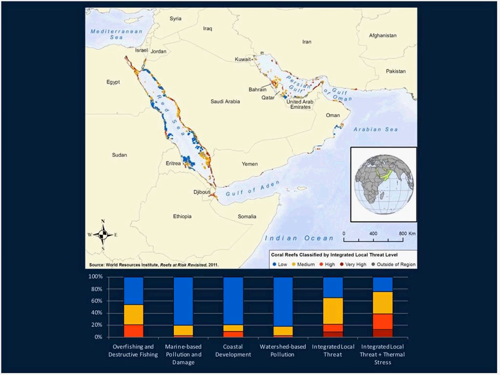A lot linked, obviously, to oil and gas. The Red Sea is still coming out looking relatively healthy, and in fact, these are some of the last large tracts of continental fringing reefs that are coming out at low threat anywhere in the world outside of Australia. Shipping is an important threat in this region compared to other regions, at least, and it has thus far been badly hit by bleaching.